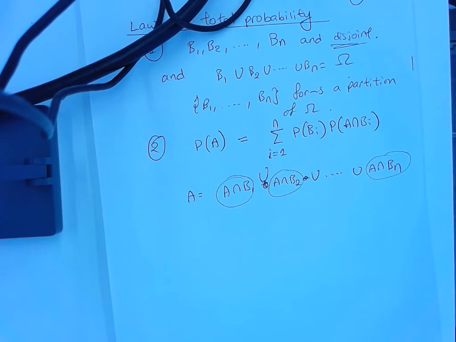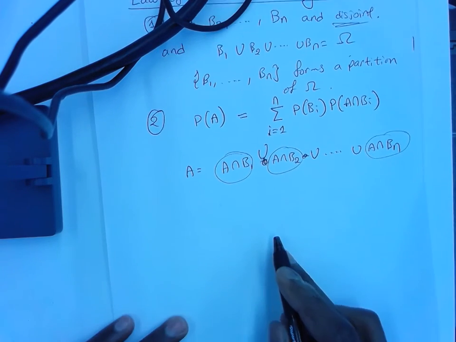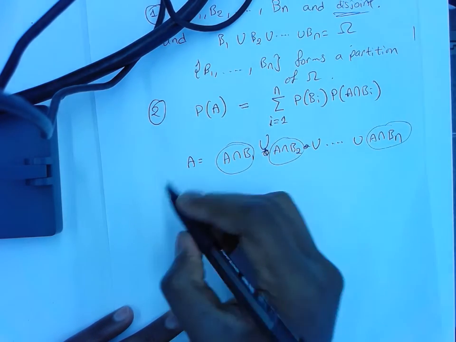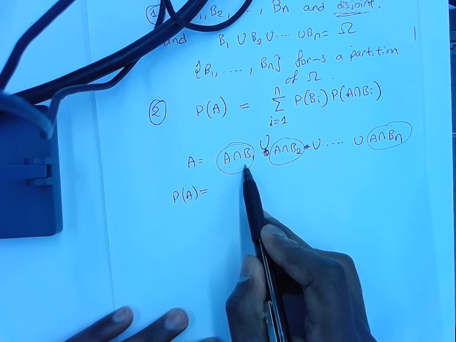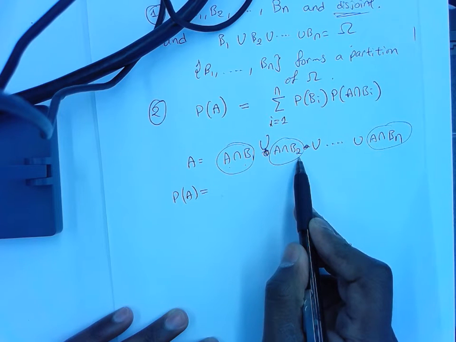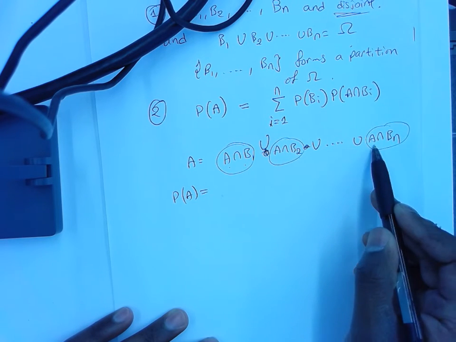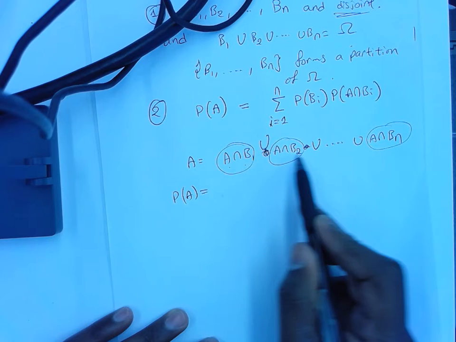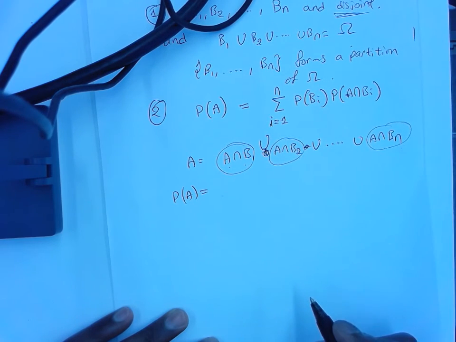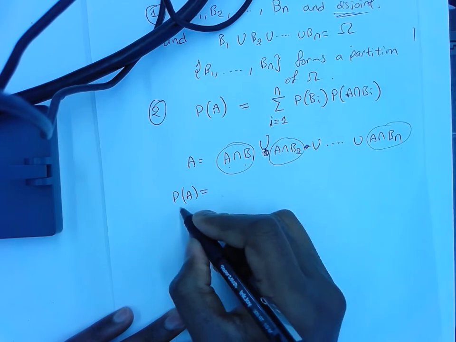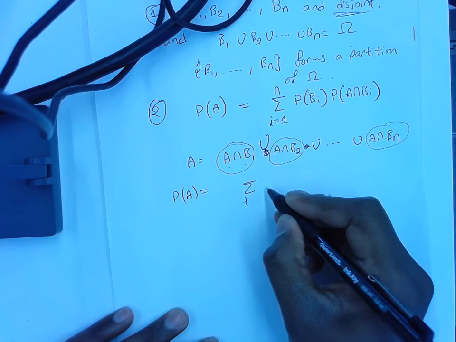Okay, so from this step you can just say the probability of A, because now A intersection B1 is disjoint with A intersection B2, is disjoint with A intersection Bn. These subsets are also pairwise disjoint because B1, B2 are all pairwise disjoint. Everybody with me? Is that statement confusing? So that just means P of A will be the sum over i of P of A intersection Bi.